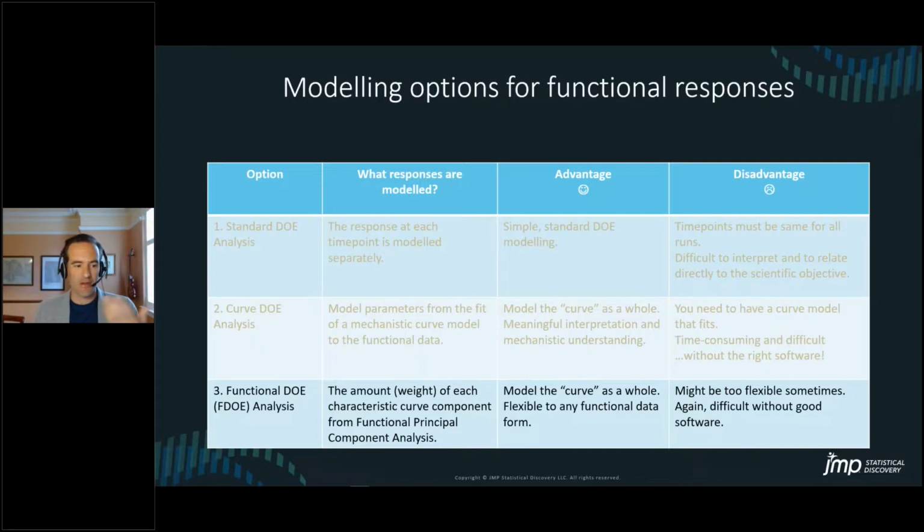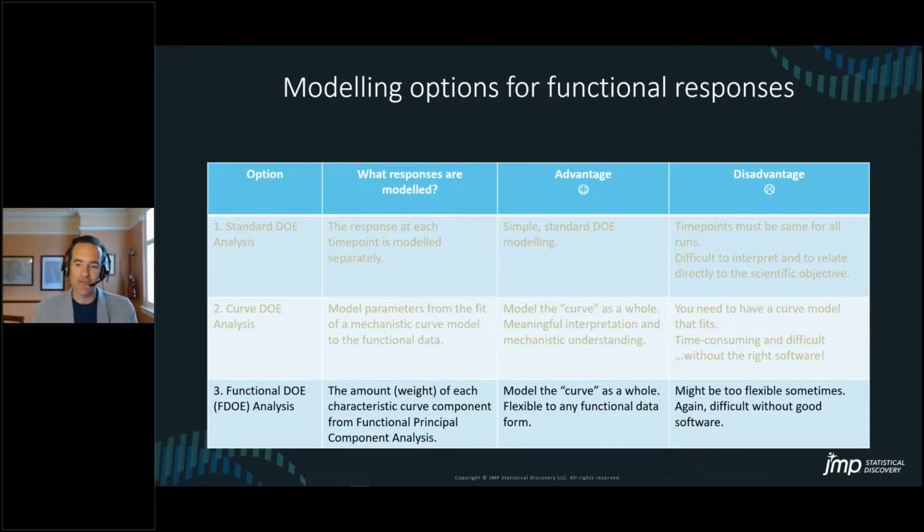And again, as with the curve or hybrid modeling analysis, this enables us to model that curve as a whole. An advantage with this one versus the curve DOE analysis is that it's flexible to any functional data form. So we don't have to have a specific mechanistic model that's going to fit to that curve. It's much more generalizable. Now that's an advantage.